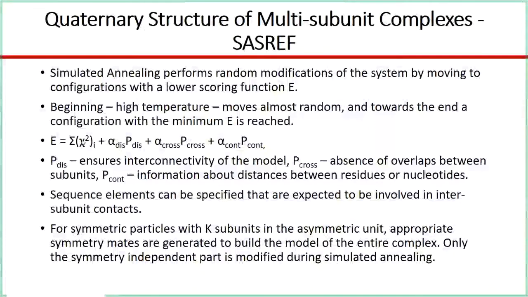The weighted penalty terms in the target that you're trying to reach, in addition to the chi-square, account for interconnectivity as usual, absence of overlaps between subunits, and again, you can introduce information about distances between residues and subunits.